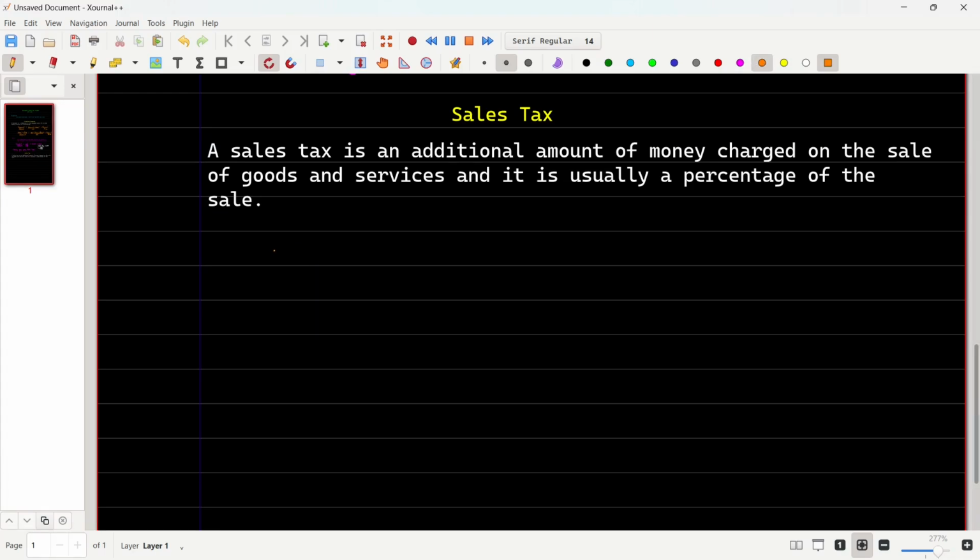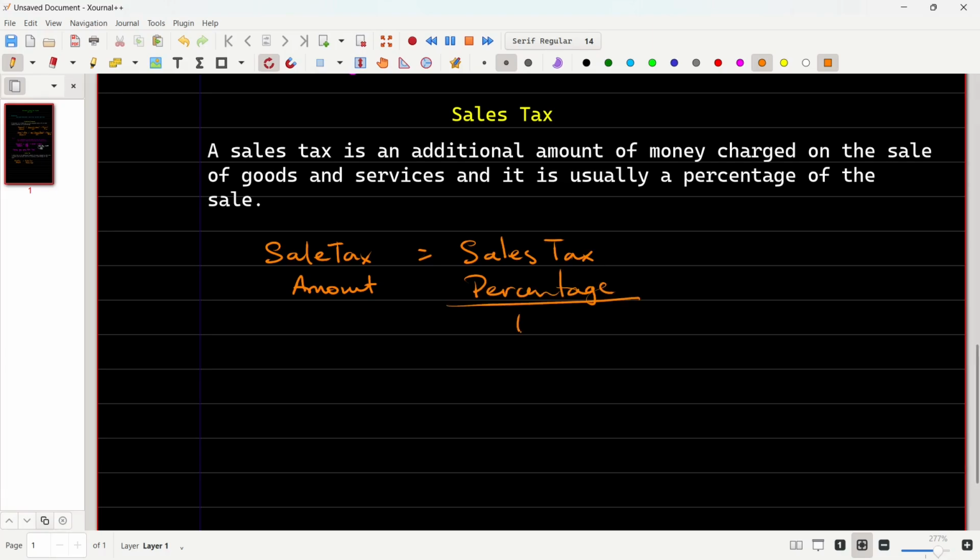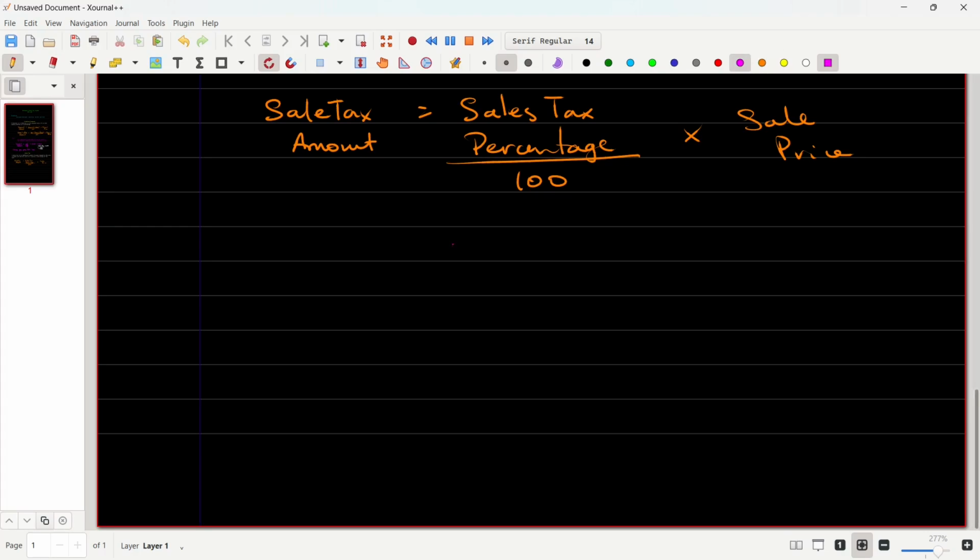So if I want to find out the sales tax amount, then I would need the sales tax percentage. I'll need to divide that by 100 and then multiply it by the sale price. All right, let's go with a quick example. So example, again, let me just type this out because it's a lot of words.